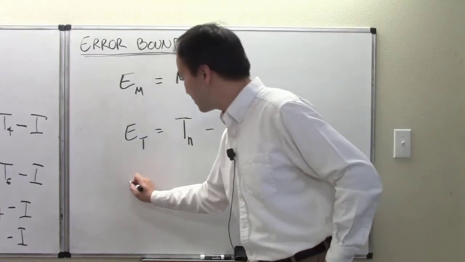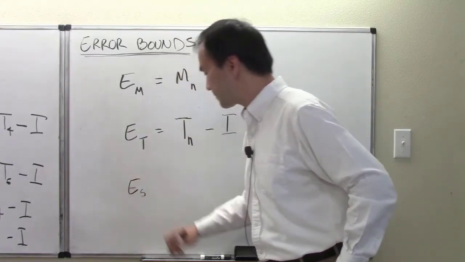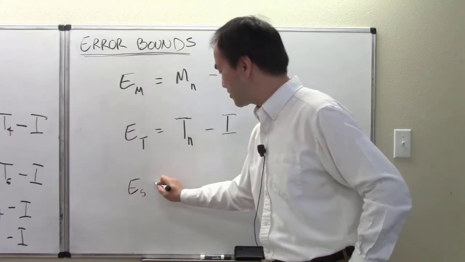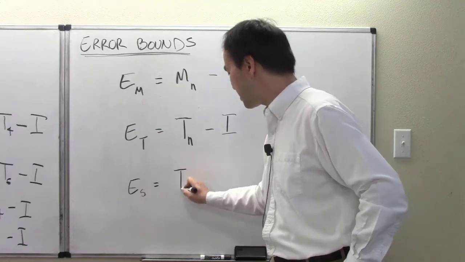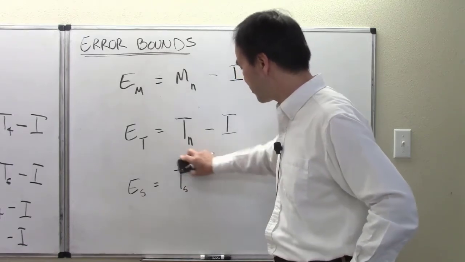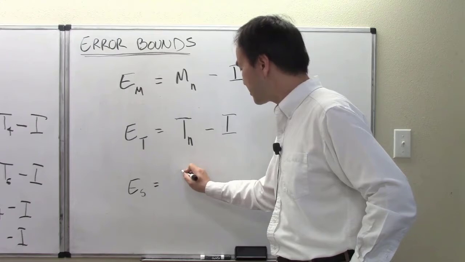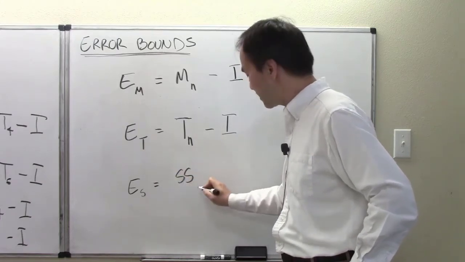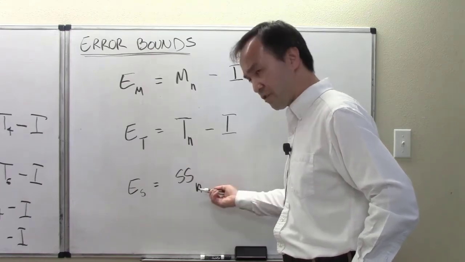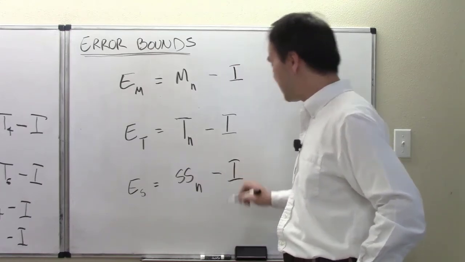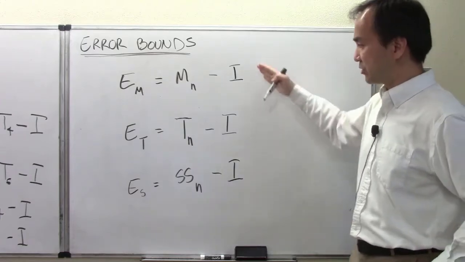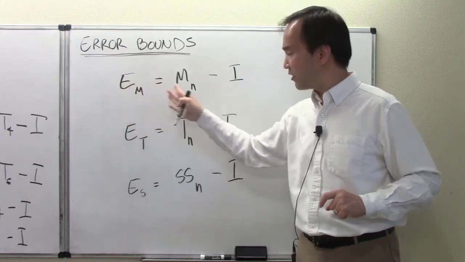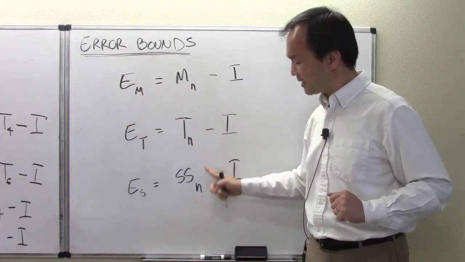And similarly, we also have an ES, the error produced by Simpson's method. This is not T, this is SS, the approximation using Simpson's method with n subintervals in general minus I. Okay, and these are the three fundamentals of how we define the amount of error produced by running any one of these approximation methods.